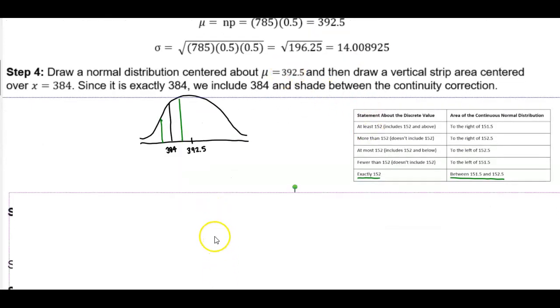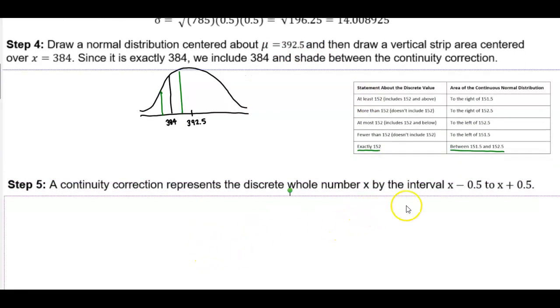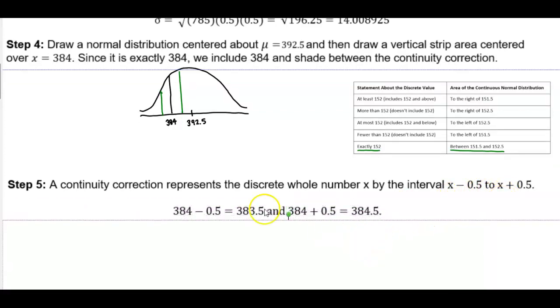The continuity correction represents the discrete whole number x by the interval of x minus 0.5 to x plus 0.5. So if we take 384 and subtract 0.5, we get 383.5. And then 384 plus 0.5 gives us 384.5.